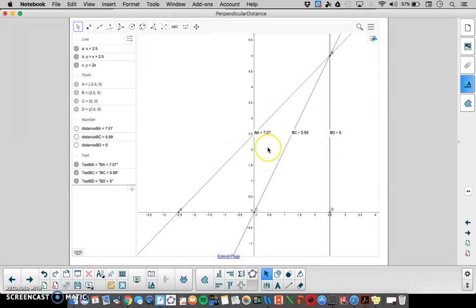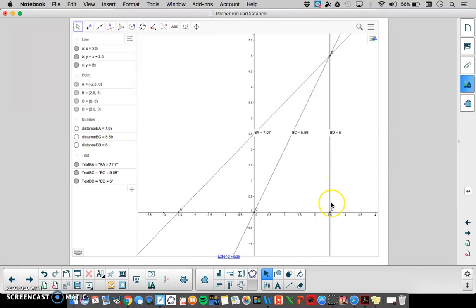So we need to talk about which one would be the true distance between point B and the x-axis. Well, the true distance is always the shortest distance between 2 points. So the shortest distance that we can find is that BD segment, which is 5. Now, why does that happen to be our true distance? Well, notice that the x-axis is completely horizontal. This segment BD is completely vertical.